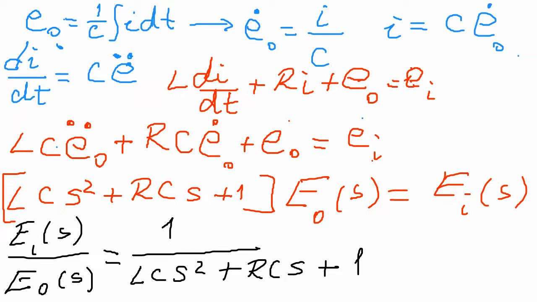Is it all right? We have obtained the transfer function. We have seen that we have two poles in our system. It's a second order system.